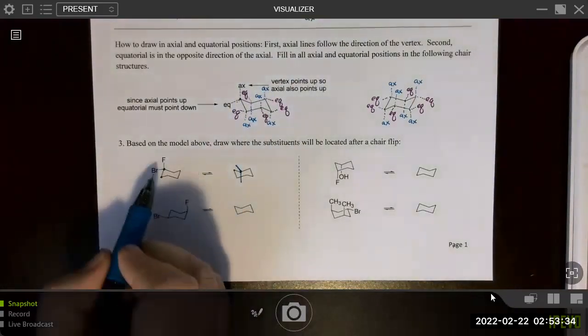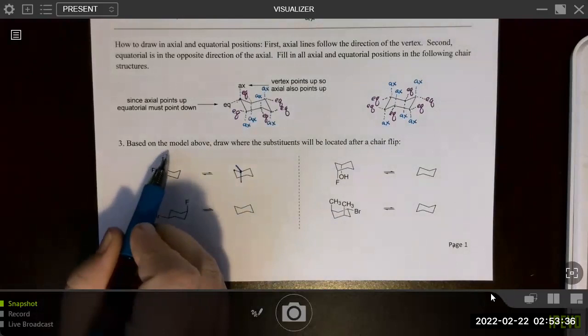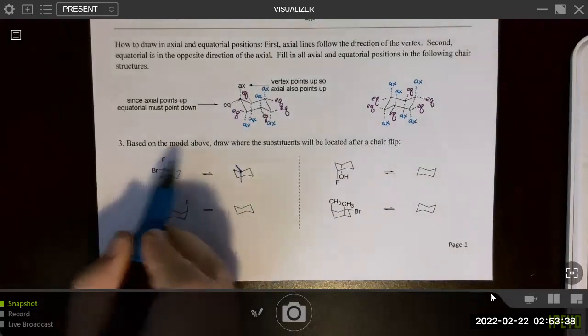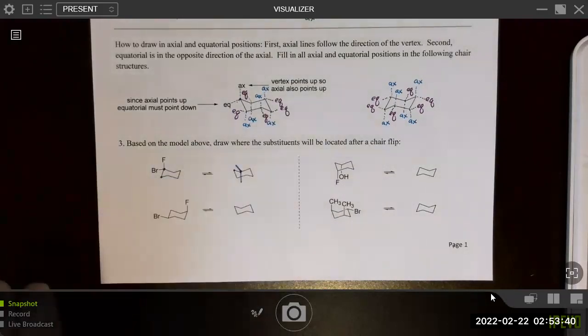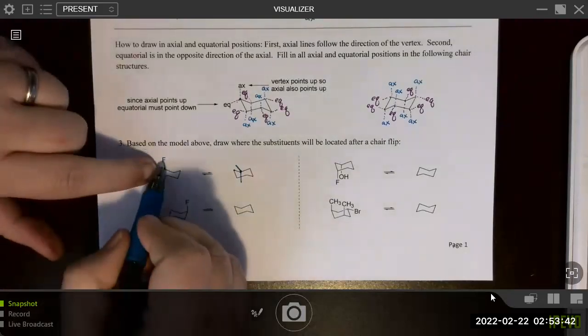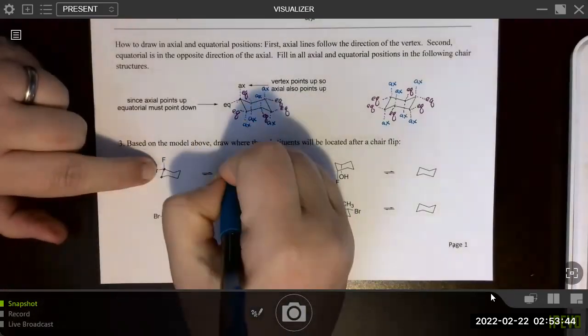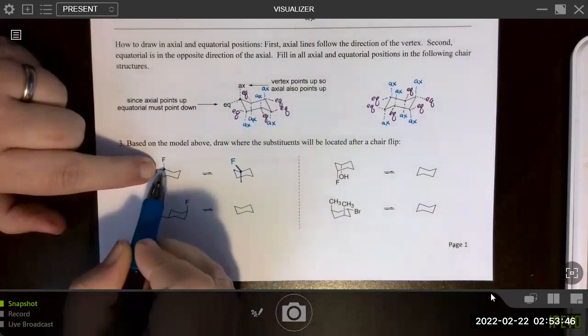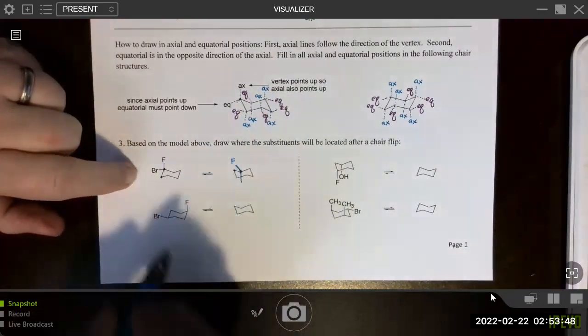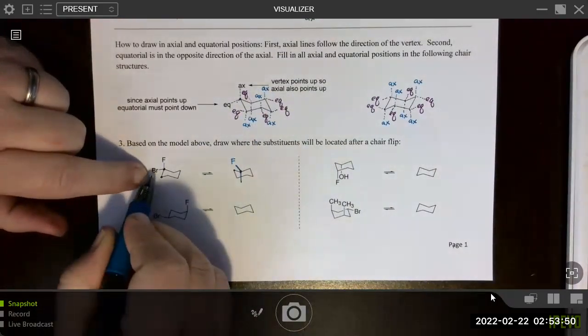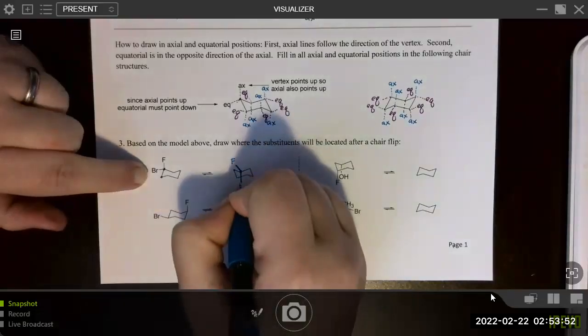And so we talked about the fact that what is axial will become equatorial, but it will still stay up, right? Because the fluorine is up, so fluorine will be up over here, but it went from axial to equatorial. The bromine will stay down, but it goes from equatorial to axial.